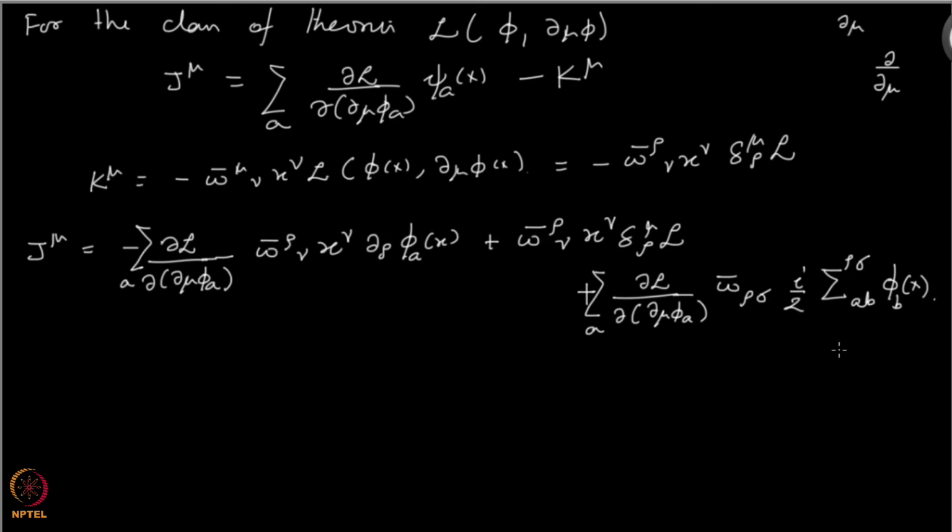Now before I do something more, let's see whether we are happy with this. Of course, you will verify the expression, it's easy, just plug in. But we said that we expect 6 currents, 3 for rotations and 3 for boosts. And what I have here is only 1. So have I made any mistake or is it all fine?